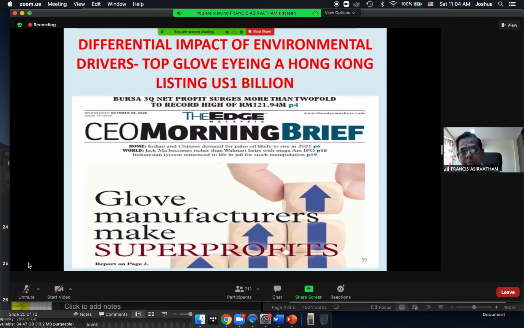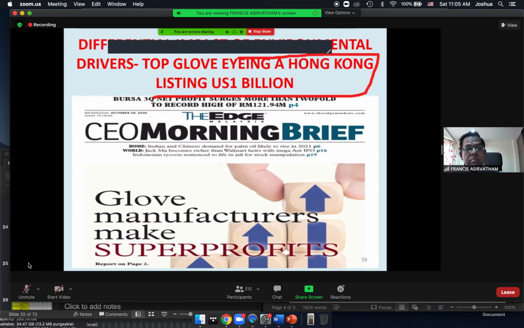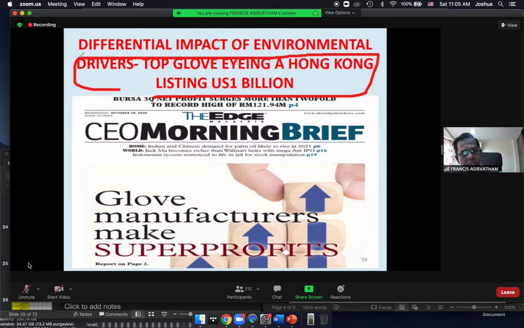Top Glove, on the other hand, is in a super profit area. Because they are in a super profit area, they do everything. They're fantastic. Listed in Malaysia, Bursa Malaysia, listed in Singapore market, SGX, and going for listing in Hong Kong to raise 1 billion to expand the company.